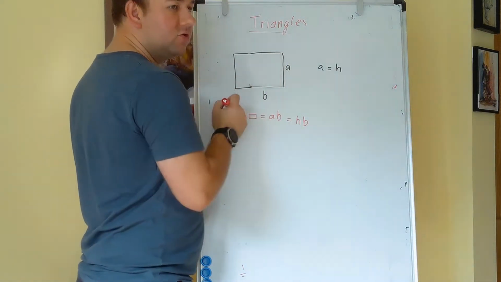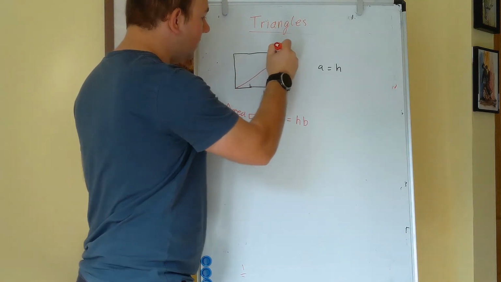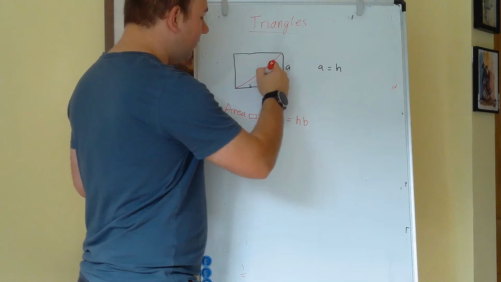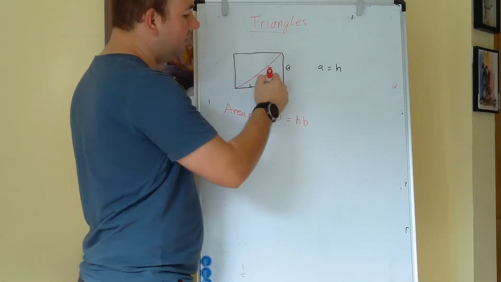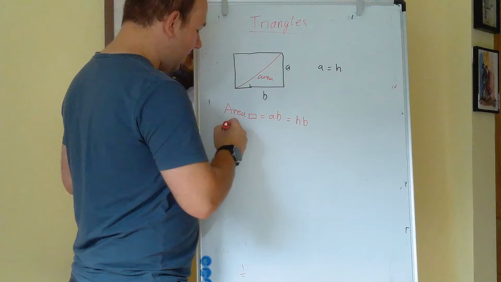Now, if I divide this rectangle in half along the diagonal, I'm going to end up with two equal triangles. So the area of this triangle has to be equal to half of the rectangle.